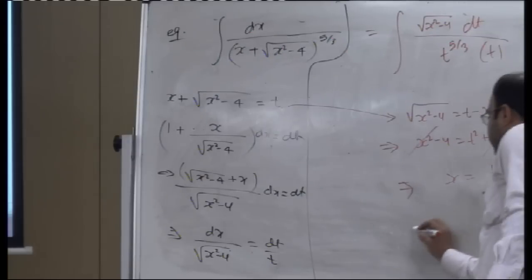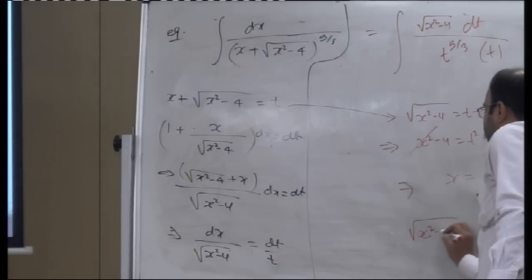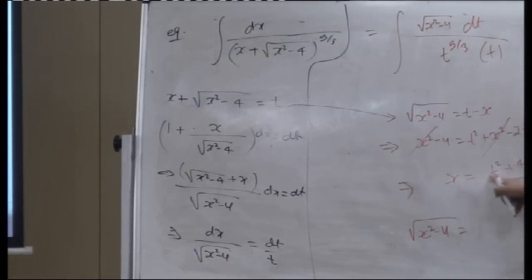So when you substitute, root over x square minus 4 would become root of ((t square plus 4) whole square upon 4t square minus 4), by 2t. I hope this is all clear to everyone.